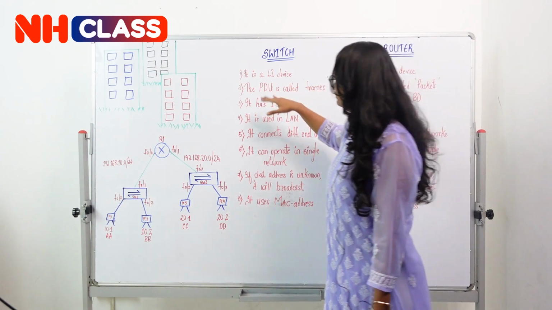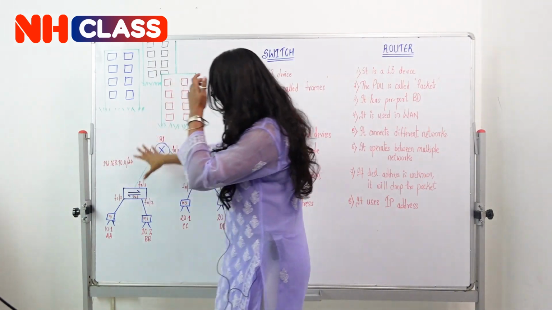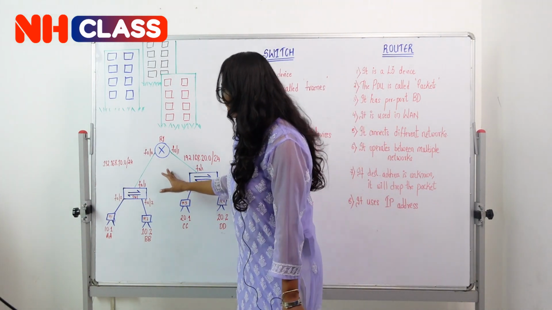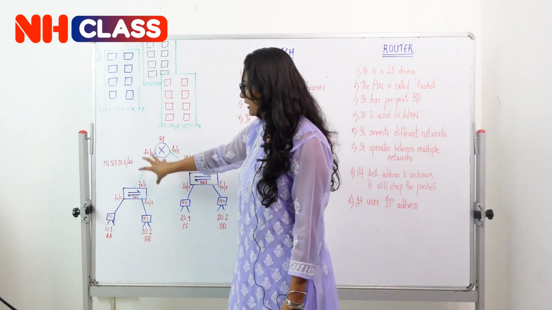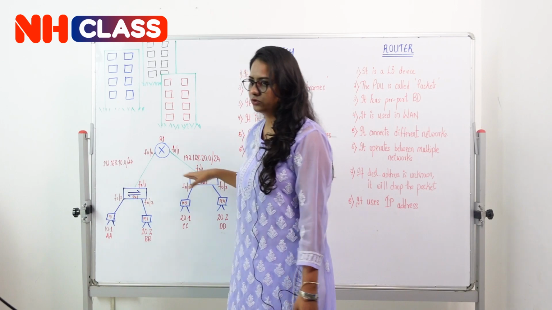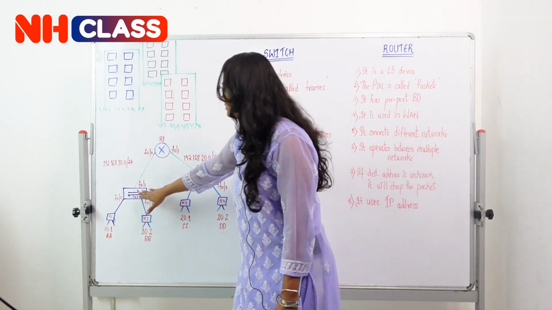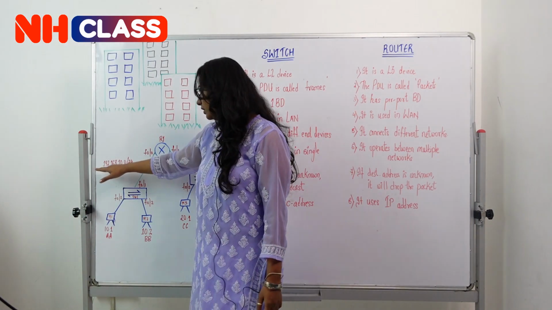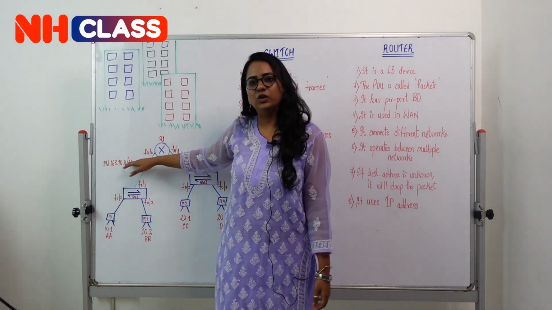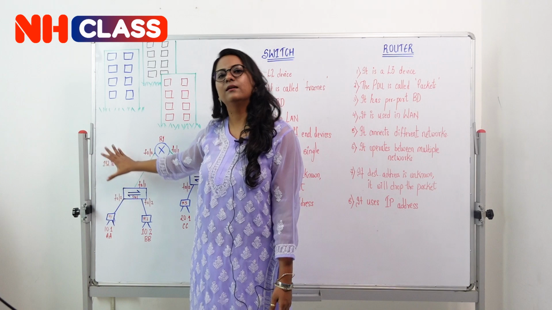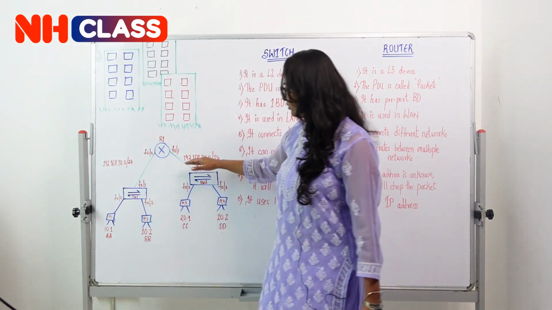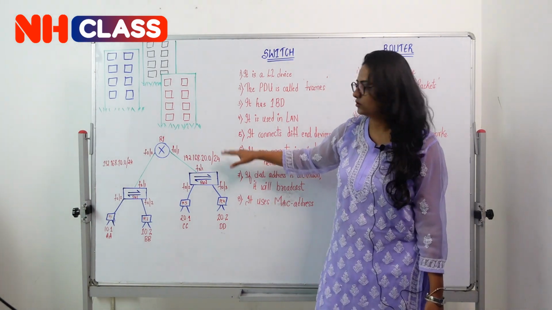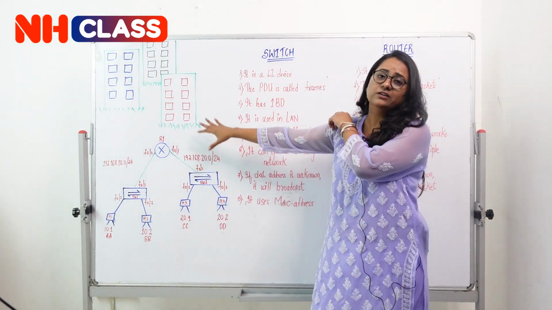All right. Now let us understand this example, this topology. We have a router which is connected to two switches. This part of the router is operating under the network 192.168.10.0, so you can say it is one network, and this part of the router is 192.168.20.0, operating in a different network.